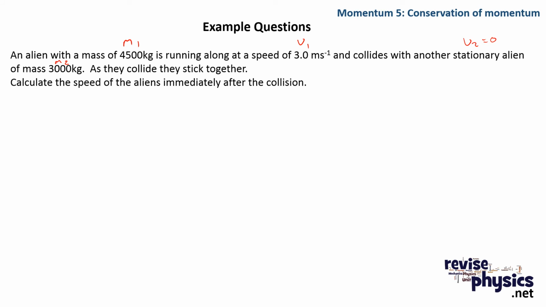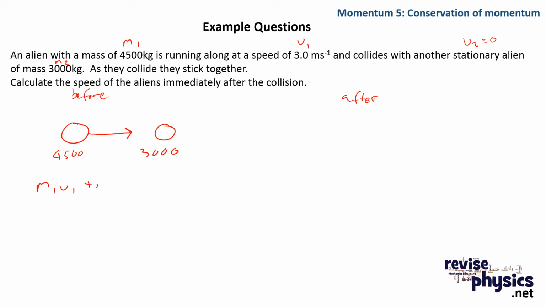Calculate the speed of the aliens immediately after the collision. Well, I have my mass of 4,500 moving in this direction towards a stationary 3,000, and it's always good to draw your scenarios out. This is before, and we're going to want to do after as well.